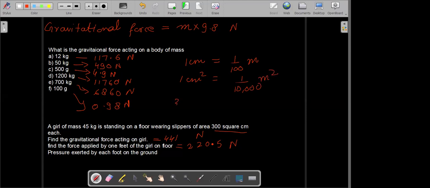Now you have 300 centimeter square, so it will be equal to 300 divided by 10,000 meter square. The two zeros cancel, and hence the answer will be 0.03 meter square. Now, Gautam, can you tell the pressure?